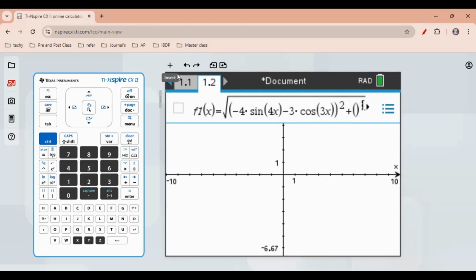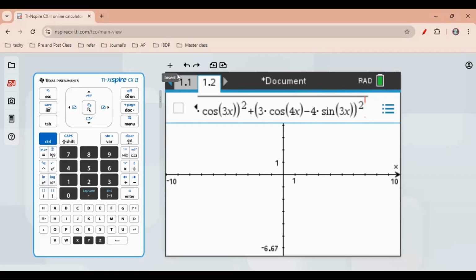again you need to square 3 times cos 4t, that is here 4x, then minus 4 times sine 3x.